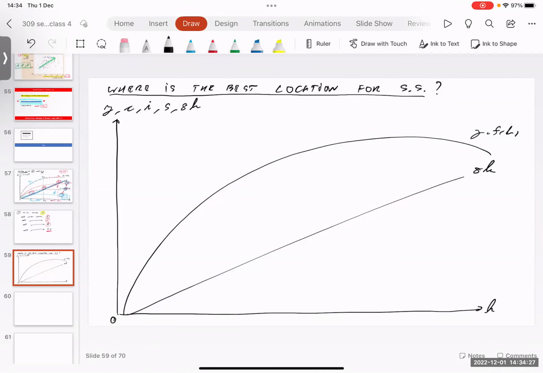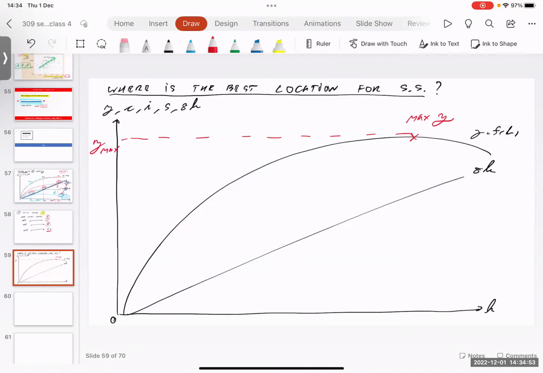You may think that the best steady state point may be the point where you have the maximum production, the maximum output. Where is the maximum output? It is somewhere here on top. This is max y, the maximum output per worker.